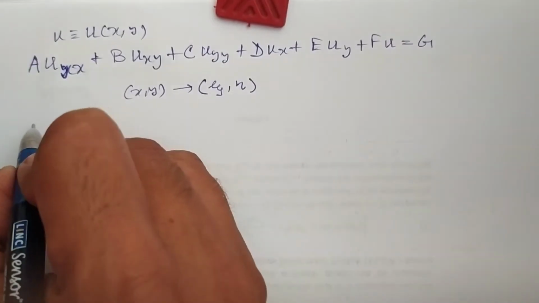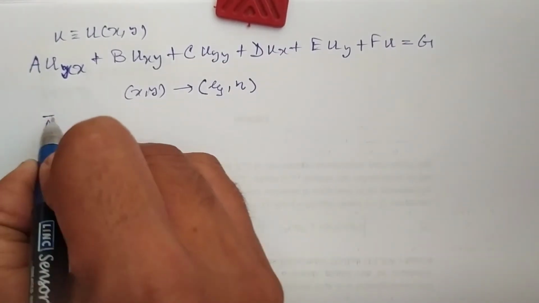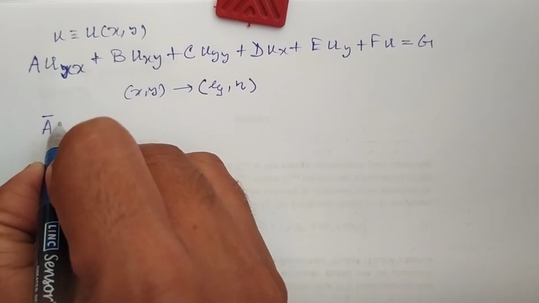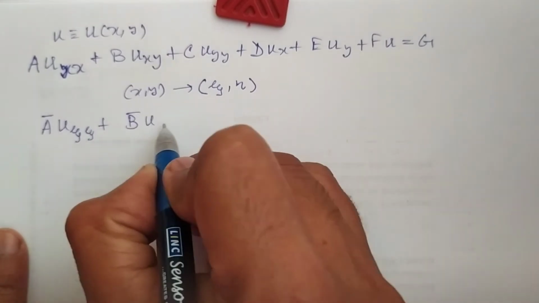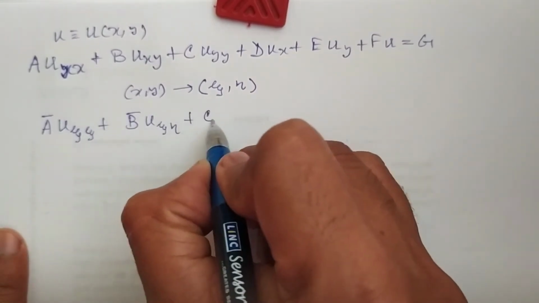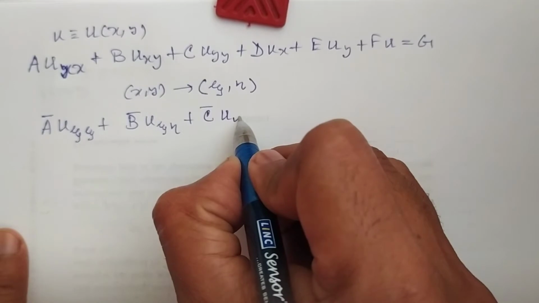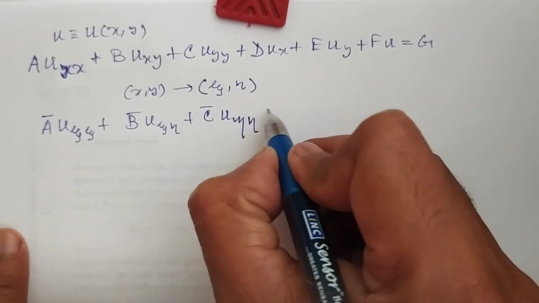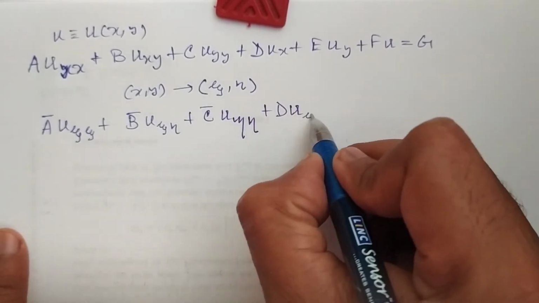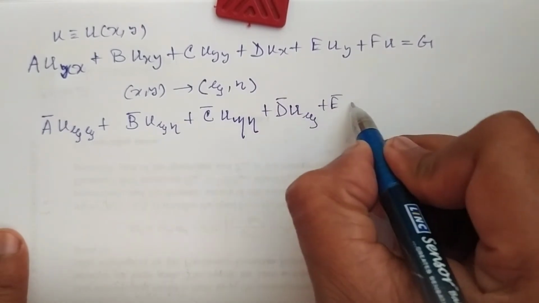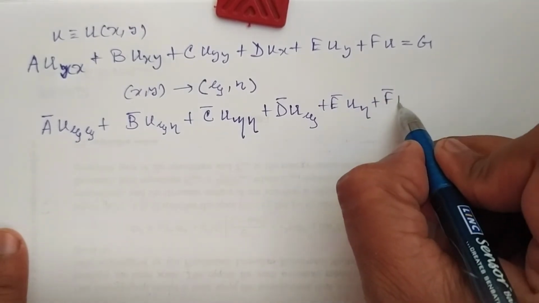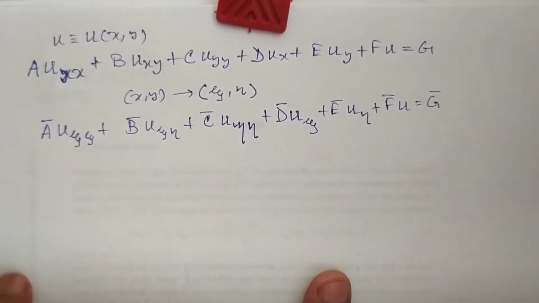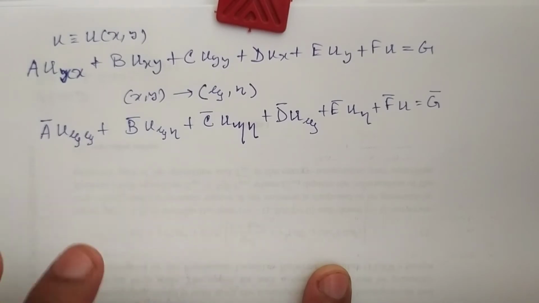And we saw that we can write the whole thing as a-bar u_xi xi, plus b-bar u_xi eta, plus c-bar u_eta eta, plus d-bar u_xi, plus e-bar u_eta, plus f-bar u, equals g-bar. We have already written what a-bar, b-bar, etc. are.